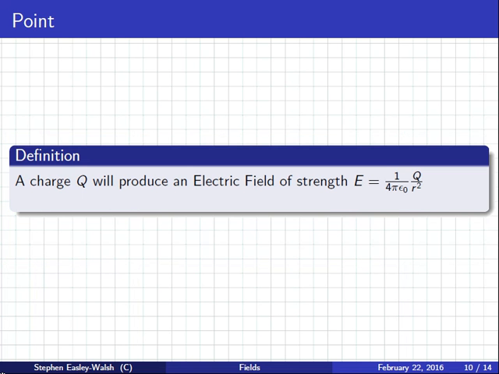Well, it does, but it only matters so far as it will either push or pull. The strength number will be the same. This is the formula. E is equal to 1 over 4 pi epsilon 0, I'll explain what that is in a moment, Q over r squared.